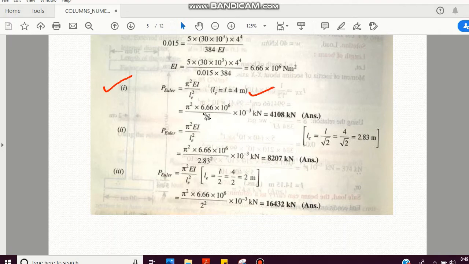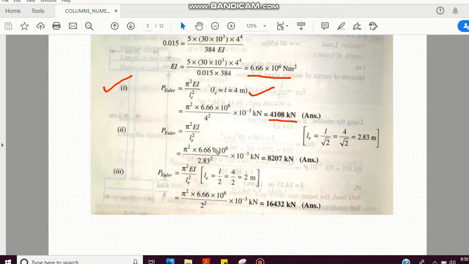So by substituting all these values, that is pi square, the EI value 6.66 into 10 to the power 6 Newton meter square, and the value of L, which is 4 meter, the crippling load for both ends hinged is 4108 kilonewton.